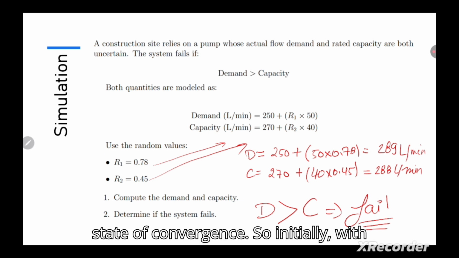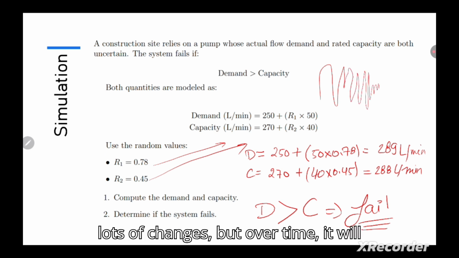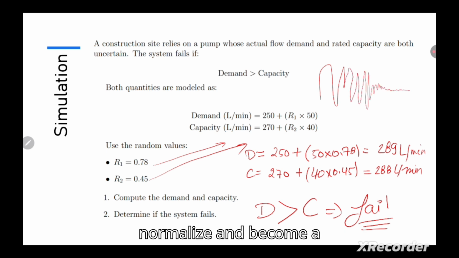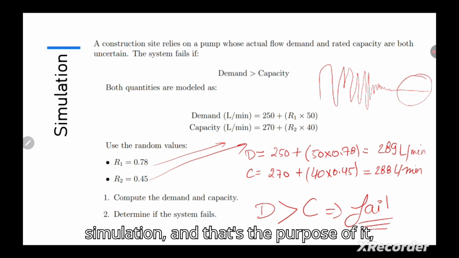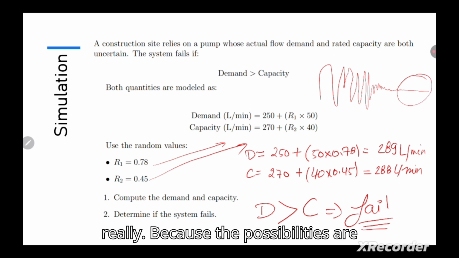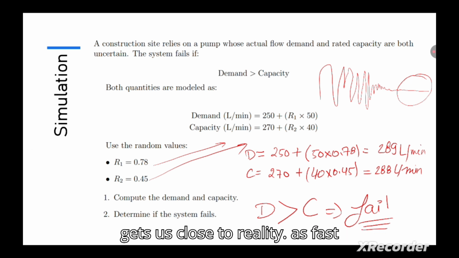So initially with each trial, there will be high bias and lots of changes, but over time it will normalize and become a straight line. So once it starts converging like this, we stop the simulation. And that's the purpose of it, really, because the possibilities are infinite. So we would need something that gets us close to reality as fast as possible.